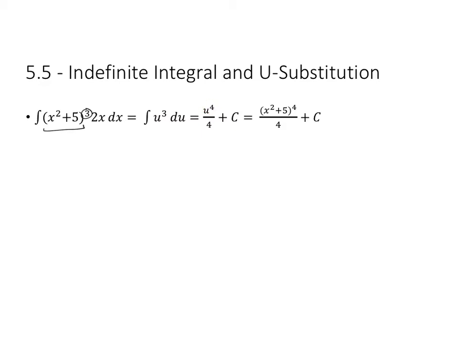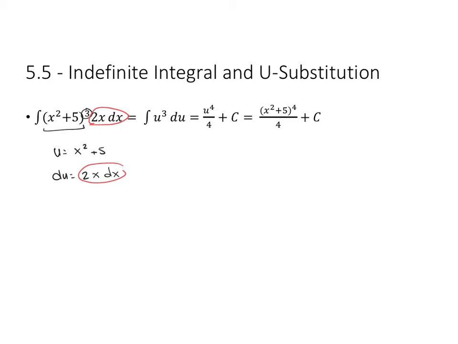So what we're going to do is actually called u-substitution, and we're going to let u be x squared plus 5. So then my du, I'm just going to differentiate, and I get 2x dx. And notice that's a piece that's right here. So now I can really easily and nicely, instead of writing it as the integral of x squared plus 5 cubed times 2x dx, write it as the integral of u cubed du.